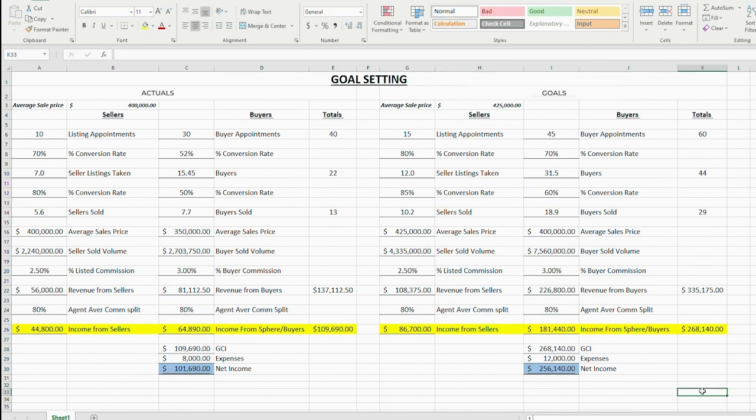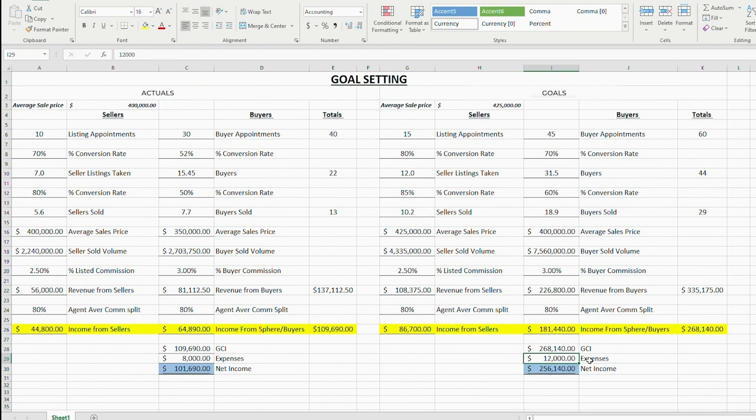What are you going to do to change your conversion rate on sales? Now you look at average sale prices. Again, what are you doing to change your incomes? Are you marketing yourself to higher end listings? What are you doing? When you focus on making things happen, you will see an increase in your business.